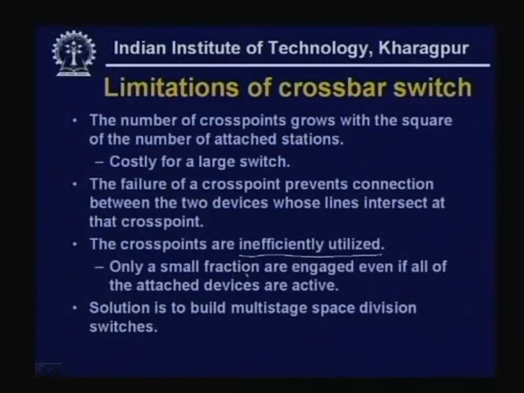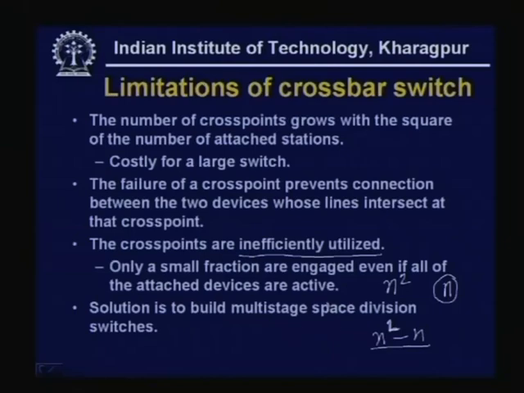So, only a small fraction are engaged even if all the attached devices are active. That means you have n square cross points, but when all pairs are connected, only n cross points remain busy. So, you see n square minus n cross points remain idle. That is a large number.